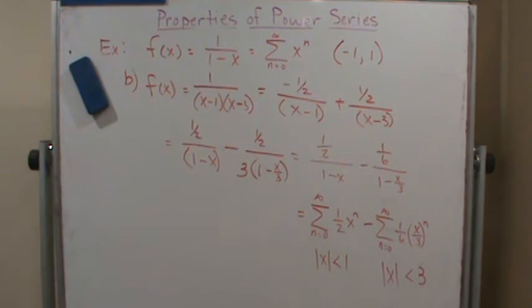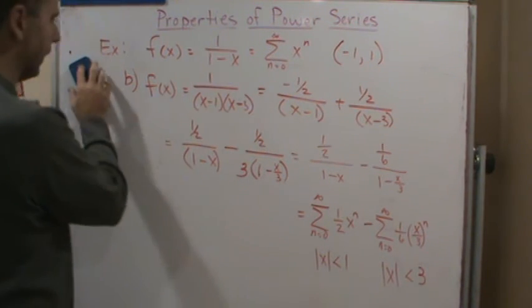All right, now that means we have to look at the common interval of convergence, right? Since we're combining these two power series, the interval of convergence of the difference must be the smaller of these two intervals, right? So now if we combine these, let's go back up here.